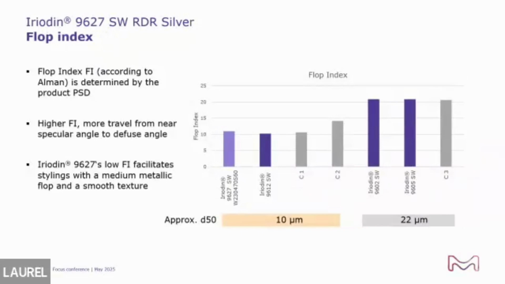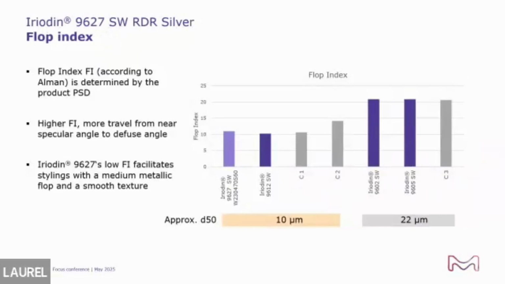Flop index is one of the attributes of silver color aluminum, which provides a very sharp bright to dark color travel. The high travel means you have a high flop index. The flop index also depends on the particle size.